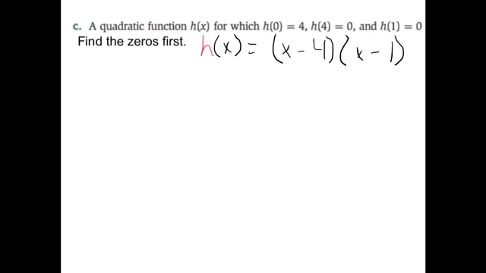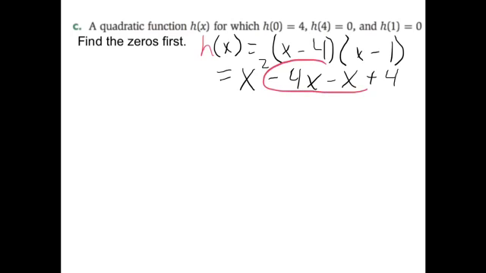So when we multiply this out, using the distributive property, we get x squared minus 4x minus 1x, which I'll just write as minus x, and then negative 4 times negative 1, of course, is positive 4. Combine like terms right there, and we get x squared minus 5x plus 4.